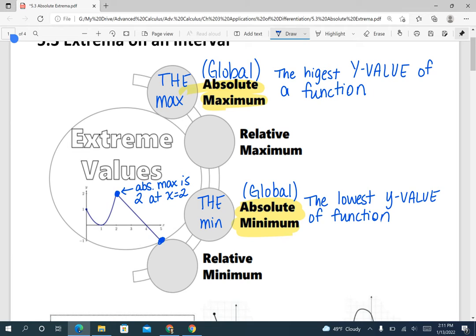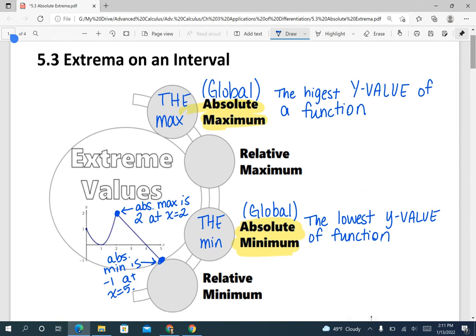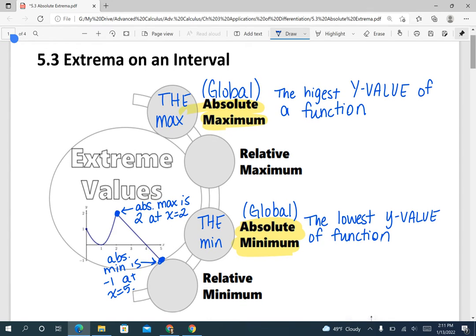And so I would say that the absolute minimum is -1, and it happens at x equals 5. So when you're asked for the absolute maximum or the minimum, you'll give the y values. Now, we will be using calculus to identify the absolute maximum and minimums of functions.